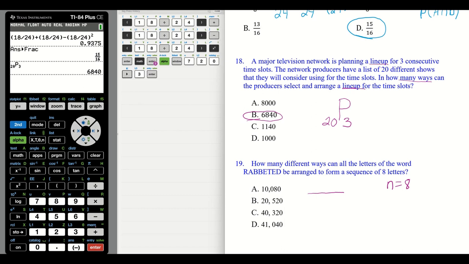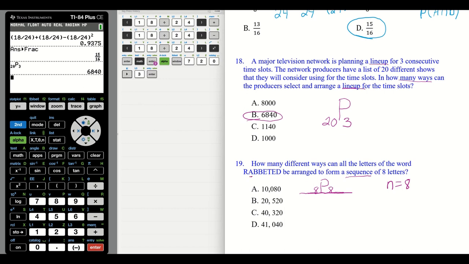Since we're not asked probability, we're asked about a sequence. I know that our total, 8 out of 8, is our numerator, and then we need our repetitions, however many we have, as our denominator.